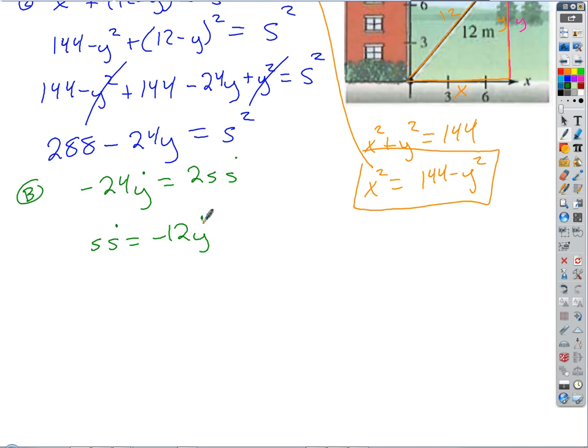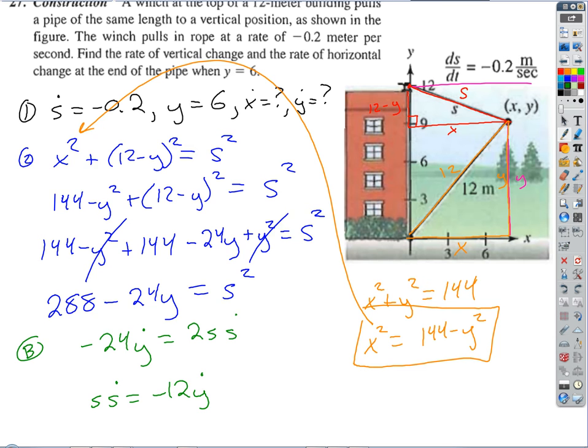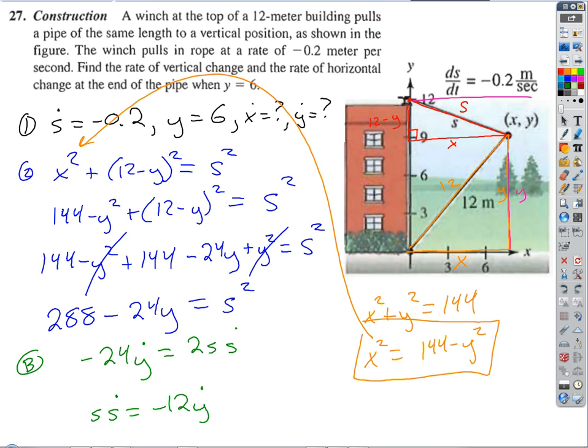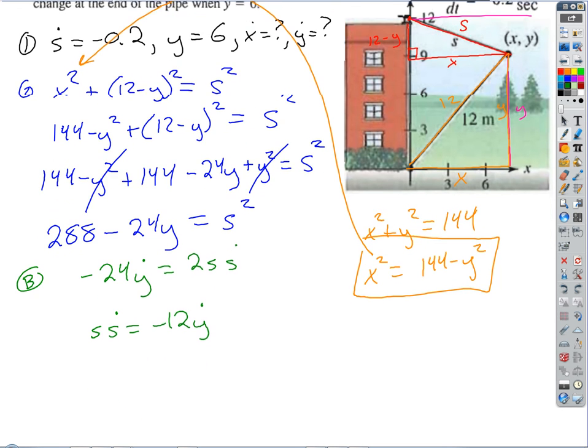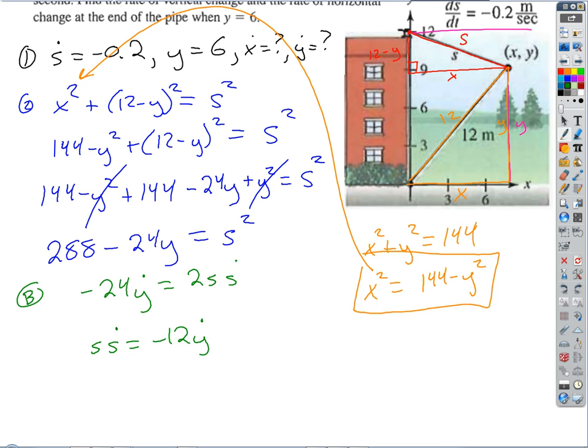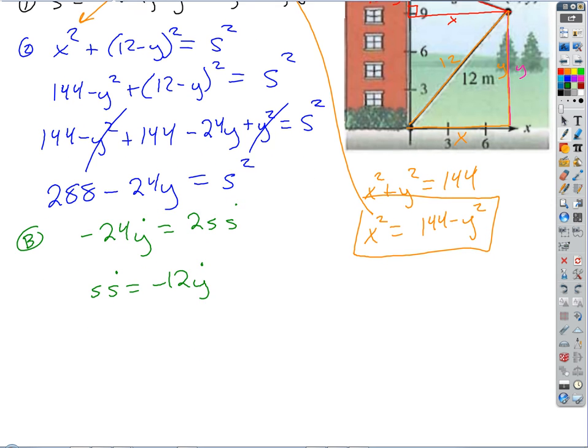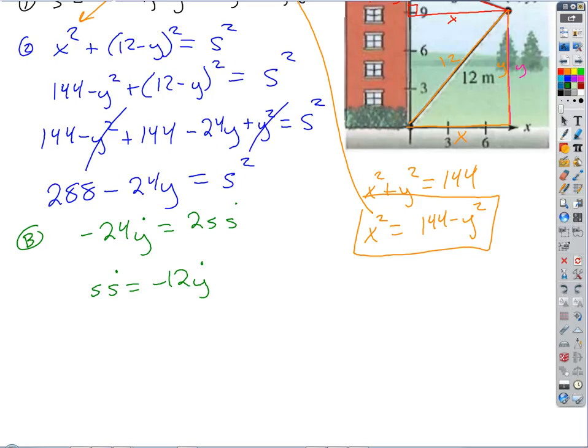Now what? Okay, we know the value of y, correct? And we know the value of s dot, but when I want to plug stuff in here, I'm trying to solve for y dot. Look, I've got an s dot, but what about my s?